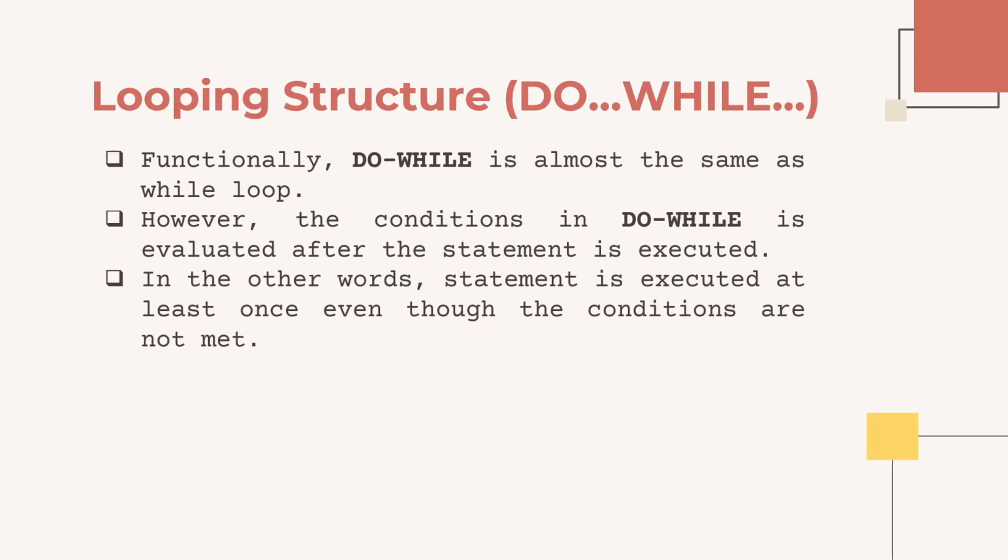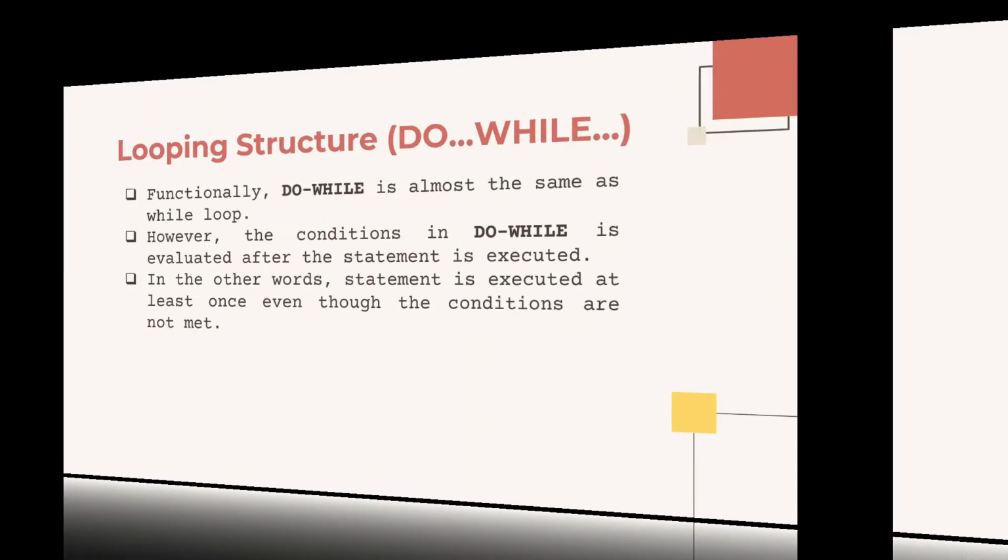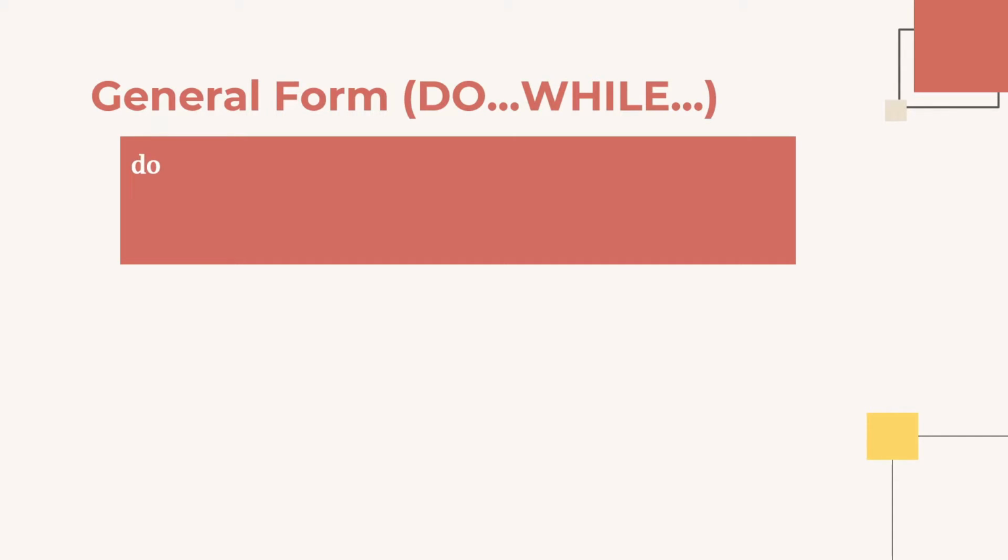In other words, the statement is executed at least once even though the condition is not met. The general form of the do while looping structure is do and then the statement that will be repeated and then while condition. If the condition is true, then the statement is executed again, but if the condition is false, the statement is not executed.